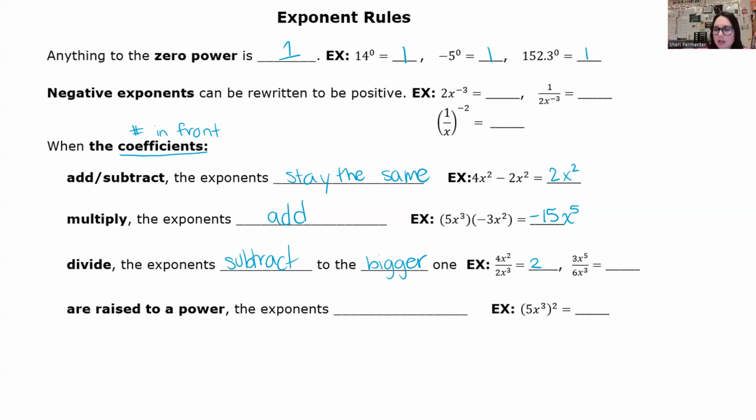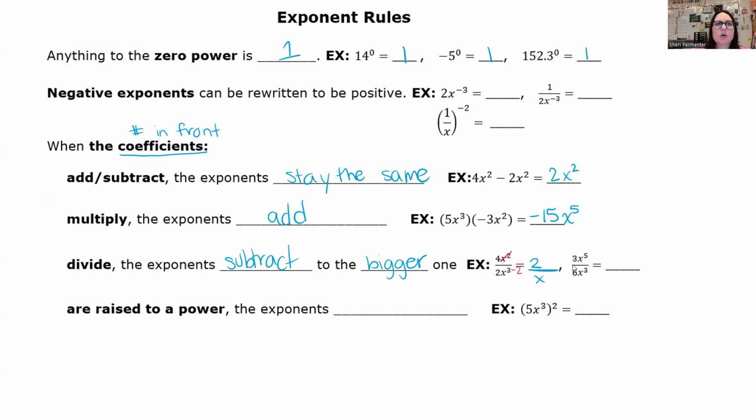Negative. We don't want to do that. So we're going to take it out of the top and we'll subtract 2 on bottom. So we'll end up with 2 divided by, what's 3 minus 2? 1. So we'll end up with 2 divided by x. Do I have to put to the first power? No.